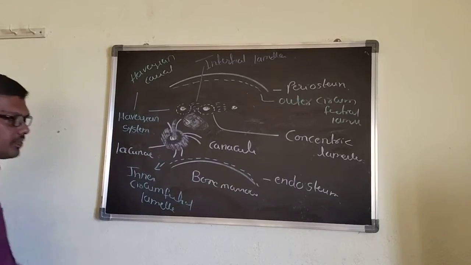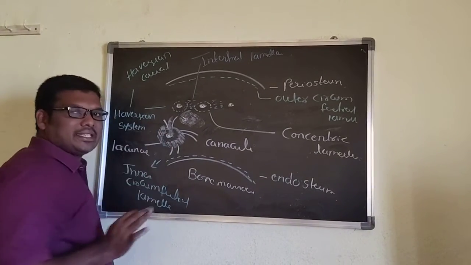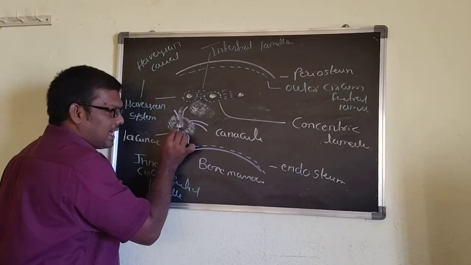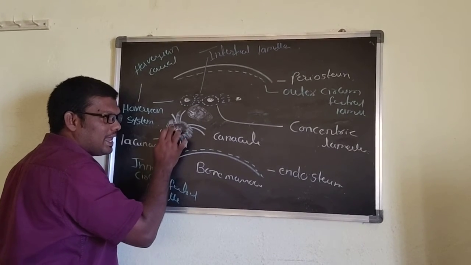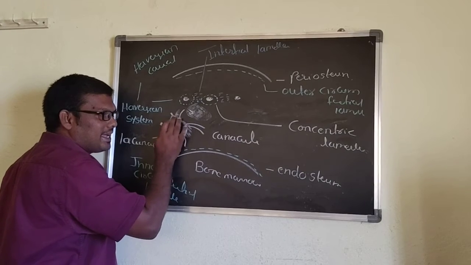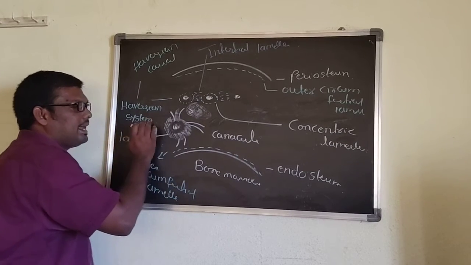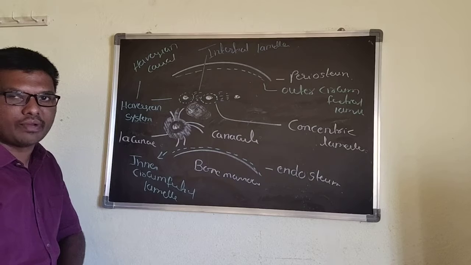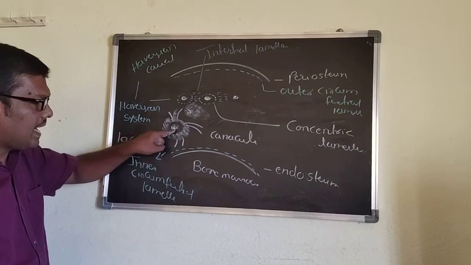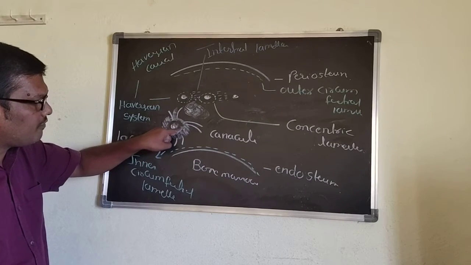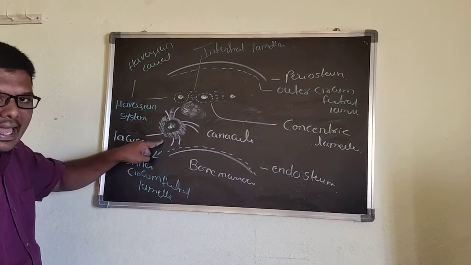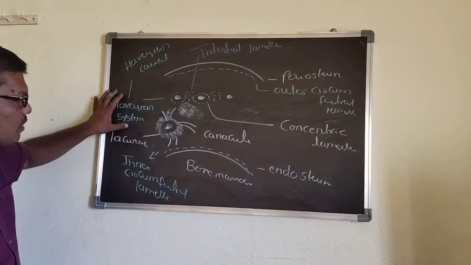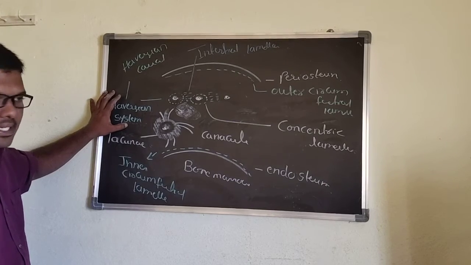Now the Haversian system indicates the Haversian canal, lacunae, and lamellae combined, called the Haversian system. So the Haversian system has a Haversian canal, fluid filled cavity called lacunae, and also lamellae, combined called the Haversian system.